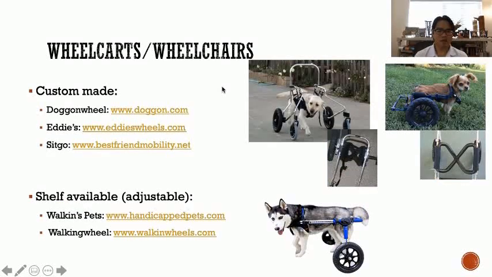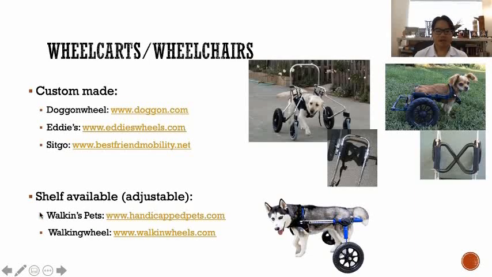Again, if the dog is not walking and you know that no matter what rehab you're going to do, the dog's not going to get back and walk, then you can consider a wheelchair. There are two different types of wheelchair. One is custom-made. Here are just three common companies out there that make the wheelchair: Dog on Wheel, Eddie's Wheels, and Walkin' Wheels.